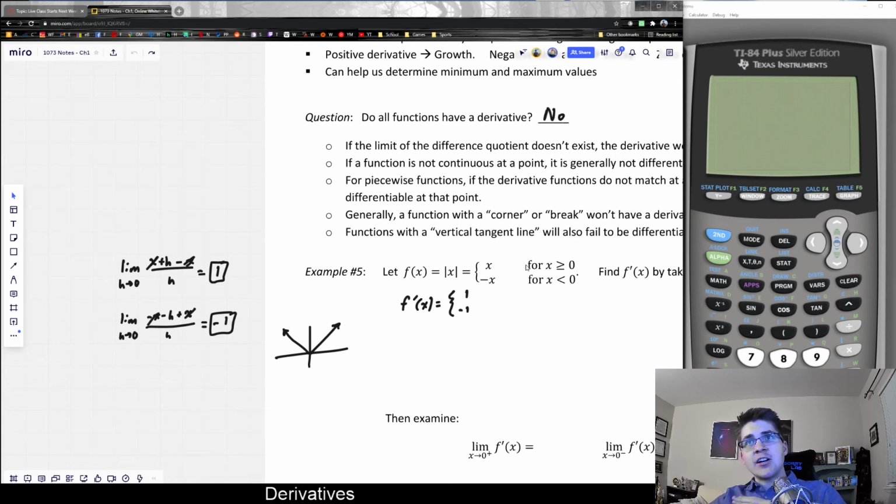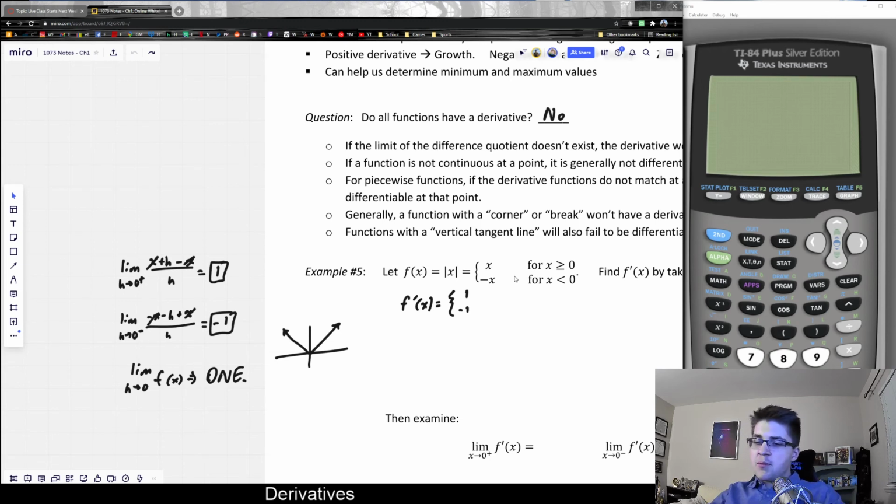What I can see here is that the limit as h approaches 0 from the right-hand side is equal to 1, because I would be using this particular piece. So I'll be more specific here: this would be the right-handed limit, and this would be the left-handed limit. Those limits do not agree, and we know that when the limits do not agree, the general limit as h approaches 0 does not exist. Since that limit does not exist, we say it is not differentiable at 0.